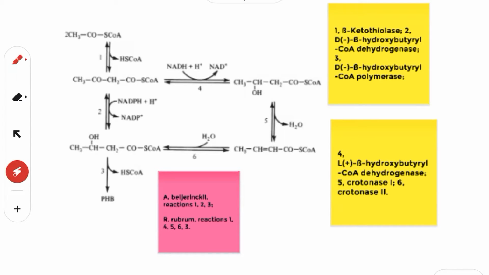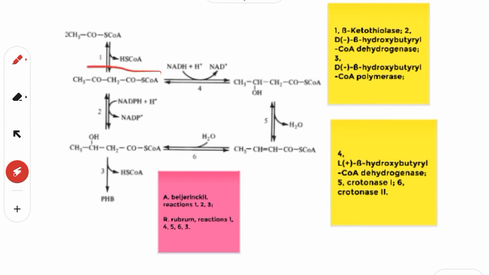So Azotobacter beijerinckii follows a three-step pathway for biosynthesis of PHB. Here the substrate or precursor for PHB synthesis is acetyl-CoA. Two molecules of acetyl-CoA condense to form one molecule of beta-keto-acyl-CoA.